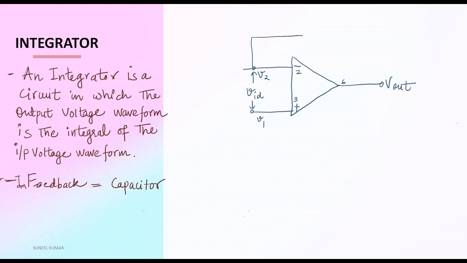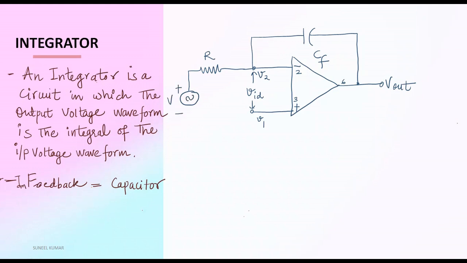Here, instead of connecting the feedback resistance RF, we will connect a capacitor, let's say CF. This is the resistance R, and we will connect a voltage source at the inverting terminal.